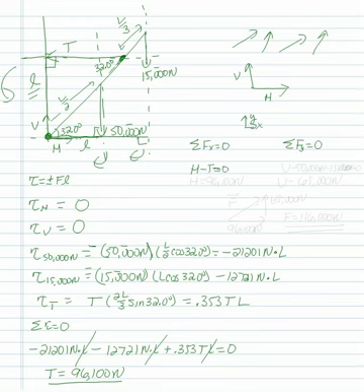There's only two horizontal forces. So the horizontal component is 96,100 newtons. Let's look in the y. V minus 50,000 newtons minus 15,000 newtons equals 0. V is 65,000 newtons.